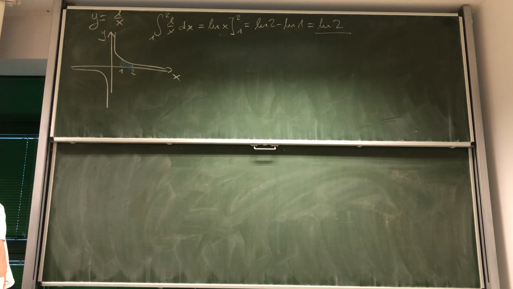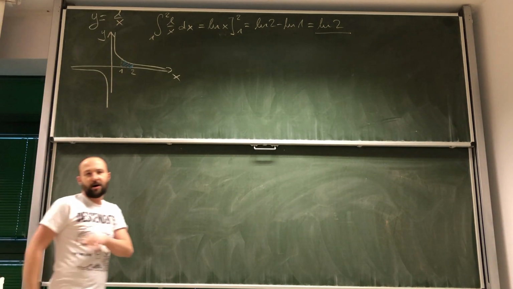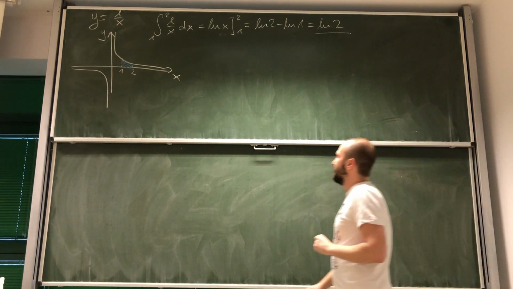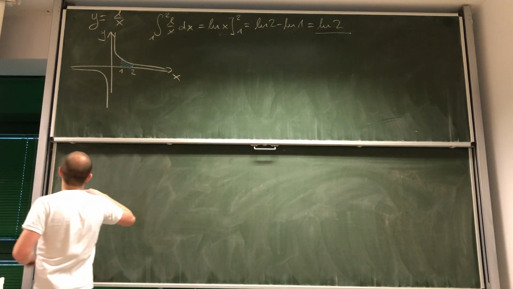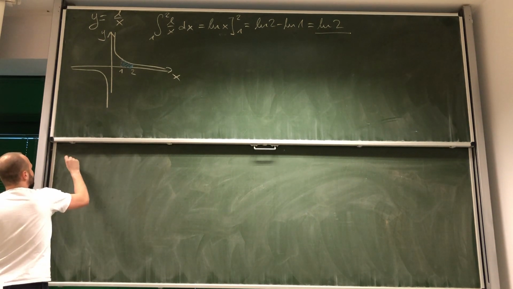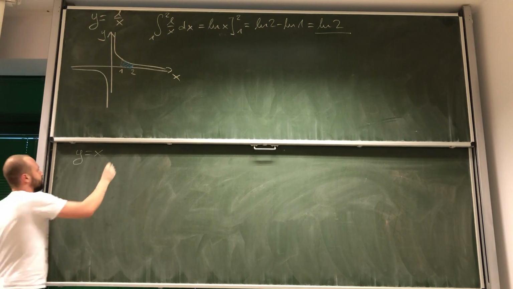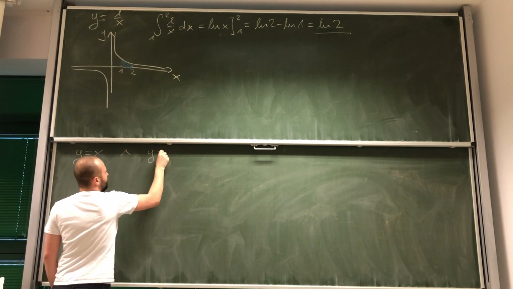Okay, so now let's make our lives a little bit more complicated, but just slightly. Let's just say that we have two functions, y equals x and y equals x squared.